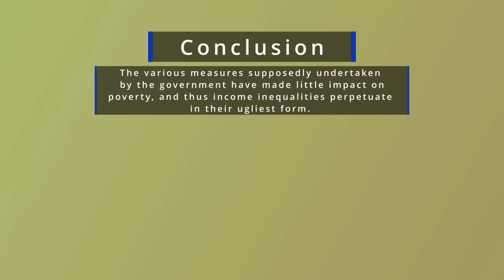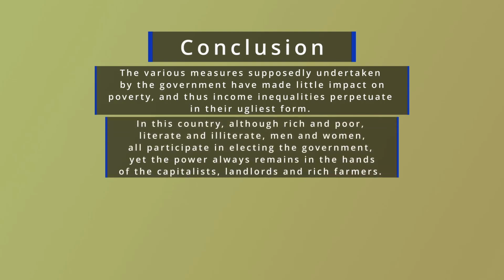Now we come to the conclusion. The various measures sponsored by the government have made little impact on poverty, and thus income inequalities perpetuate in their ugliest form. In this country, although rich and poor, literate and illiterate, men and women participate in electing the government, yet the power always remains in the hands of the capitalists, landlords and rich farmers.